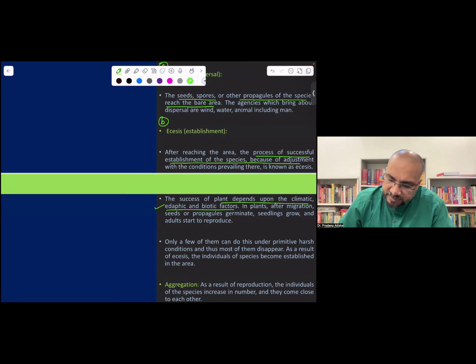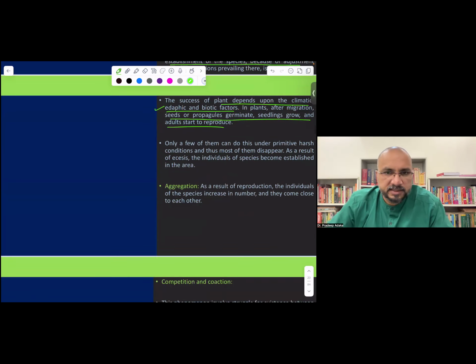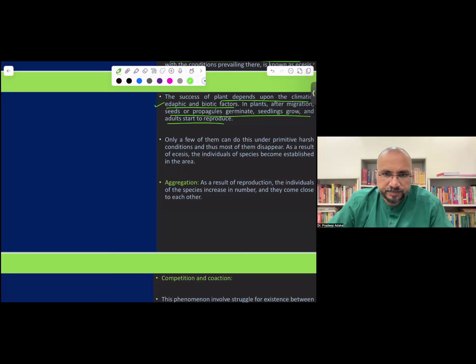In plants, after migration, seeds or propagules germinate, seedlings grow, adults grow and they will start to reproduce. It is not that any species can adapt here. Only a few species can do this under primitive harsh conditions, and thus most of them will disappear. Even when the species are reproducing, the population will not be very high because the conditions are not very favorable to support large populations.